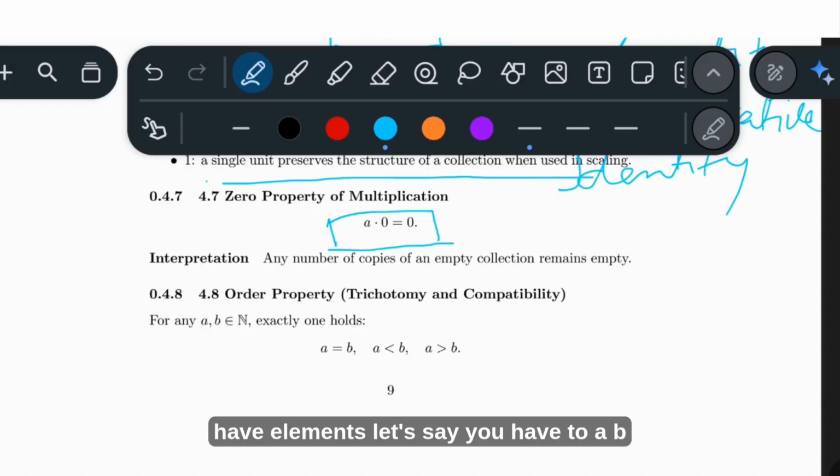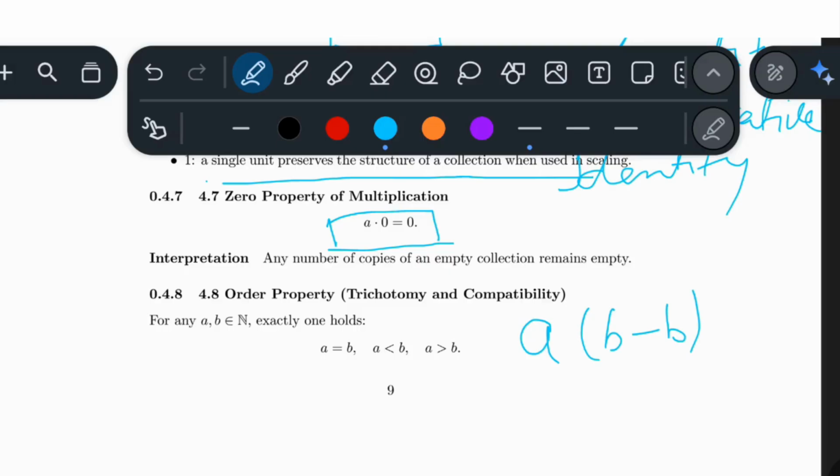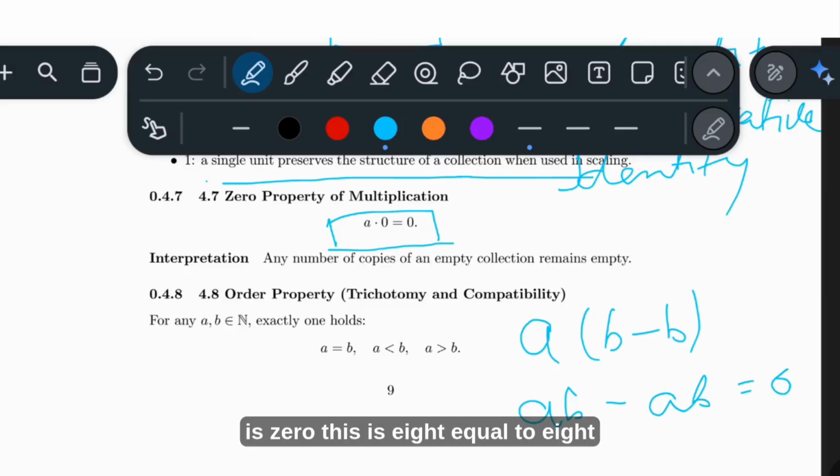Say you have the elements a(b minus b). That b minus b is 0. So ab minus ab is 0. This is a times 0, which is equal to this.